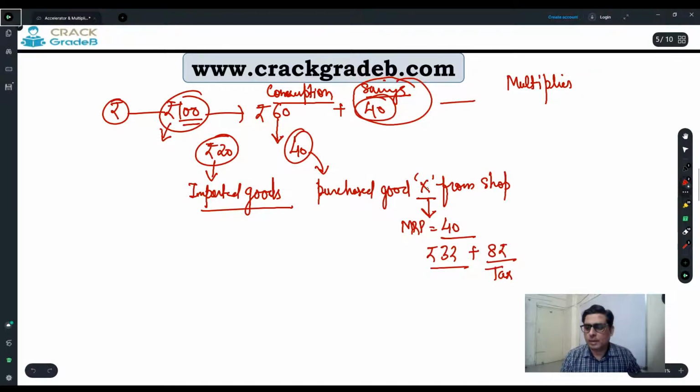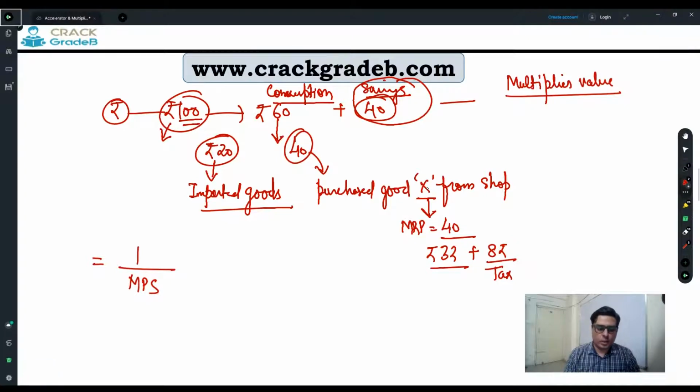I want to find the multiplier value. So one way is what? One way is, I told you the formula 1 upon MPS. So if we take 1 upon MPS, then how much is it going to be? MPS is what?